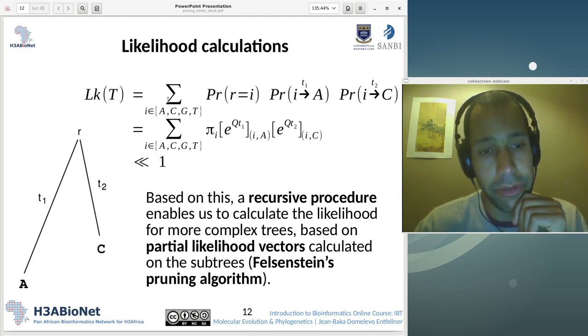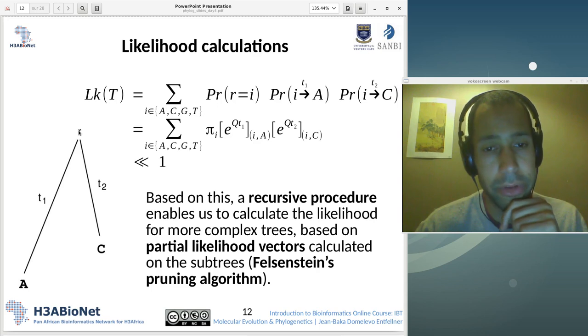The probability of this total phylogeny can be written like this. This is the a priori probability of R being labeled with the character I. And I, you will see, will take its values in A, C, G, or T. So let's suppose that we have a character called I on the root. Then this character I must evolve into A over a time T1.